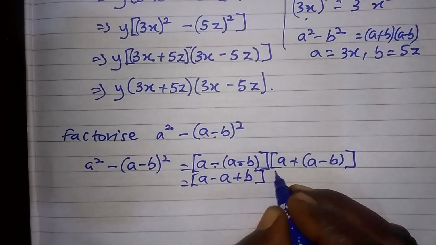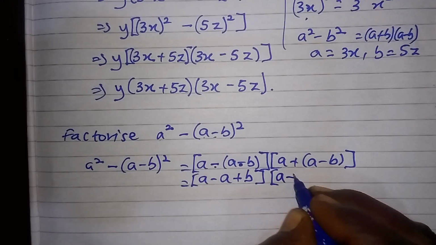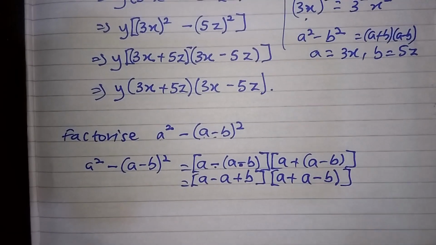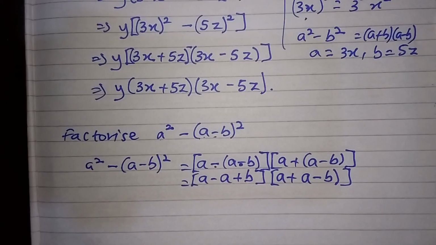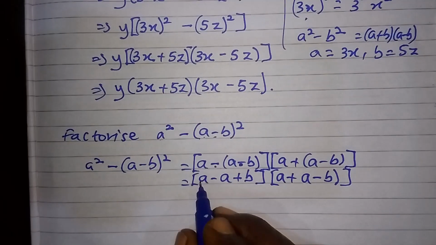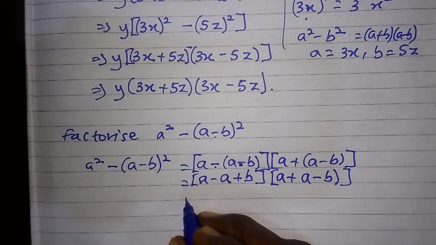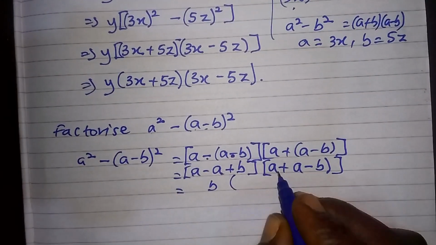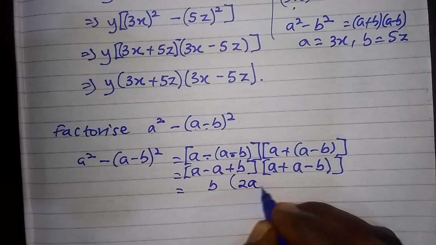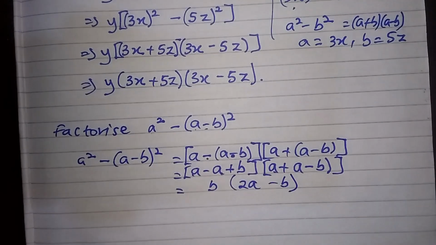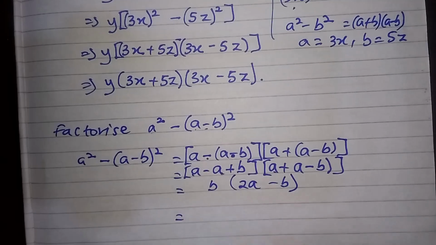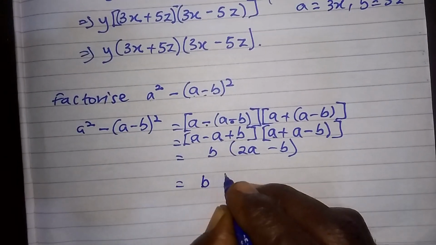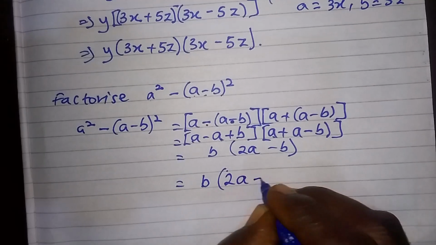Then with this side, a plus a minus b. From here, a minus a is giving us 0, so we are having b left over. Then a plus a is giving us 2a minus b. So to factorize this, our answer is b into 2a minus b.